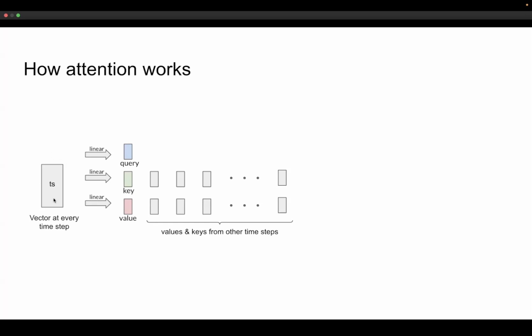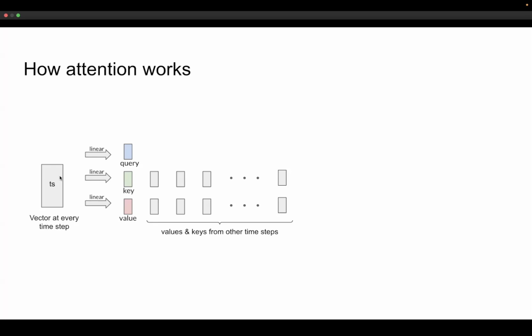So for every time step, we have this feature vector, and we use linear layers to project it into three different types. The first type is query, the second vector is key, and the last vector is value.